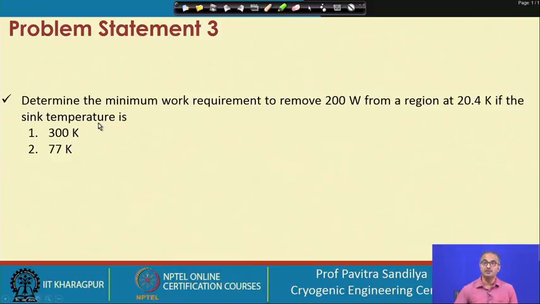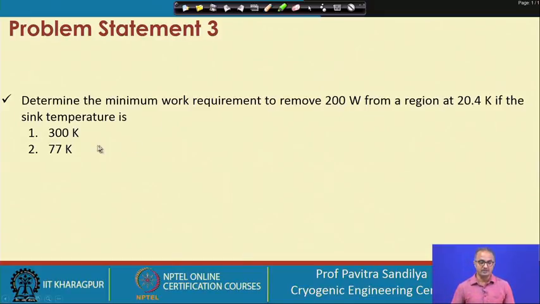In this we have to determine the work required to remove about 200 watt of power from a region at 20.4 K, and we are given two different temperatures. If we want to remove heat because we are trying to cool it down, we have to do some work on the system.